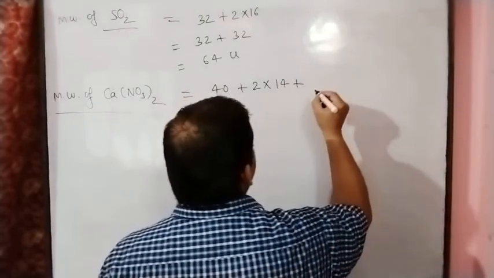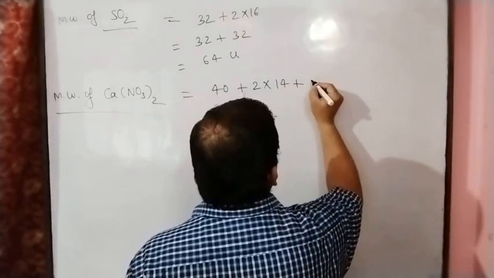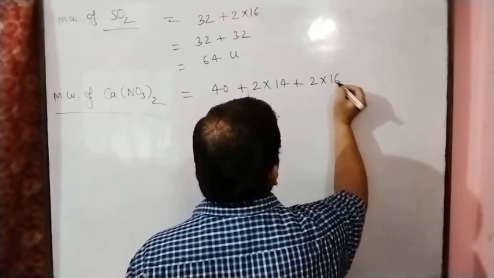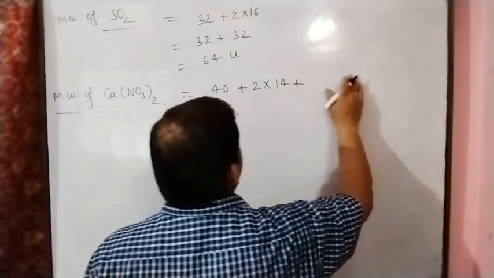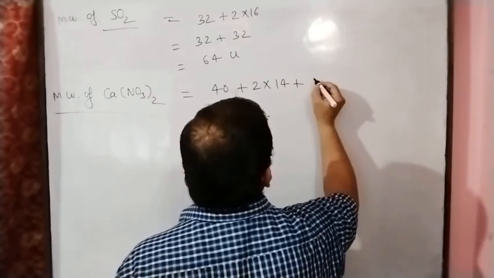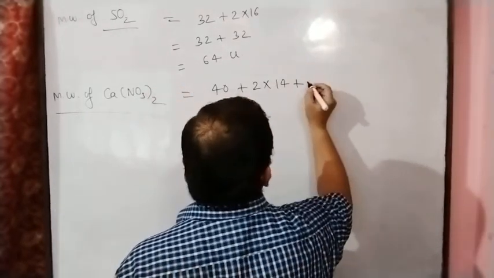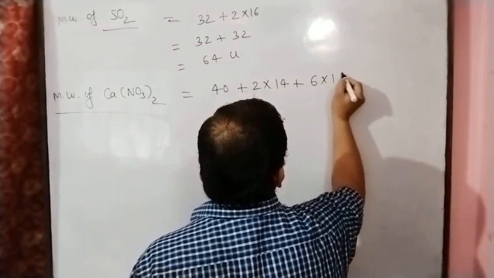Sorry, oxygen here is 6, which means 6 into 16.